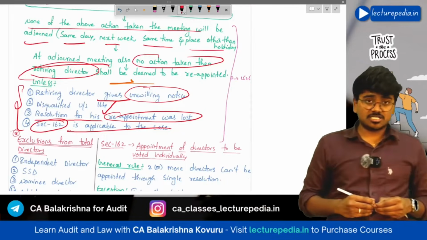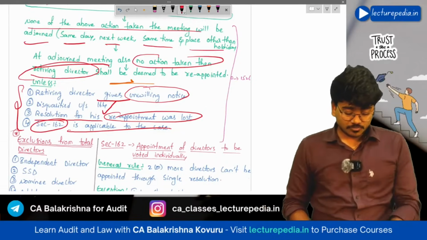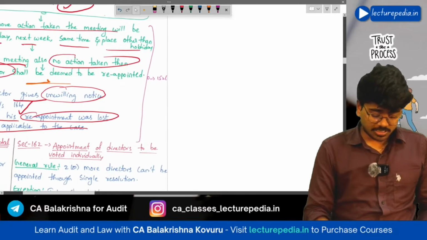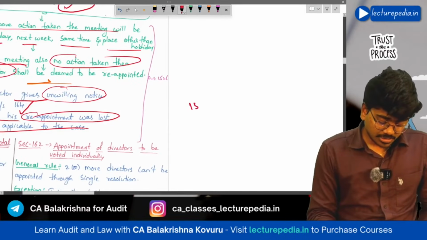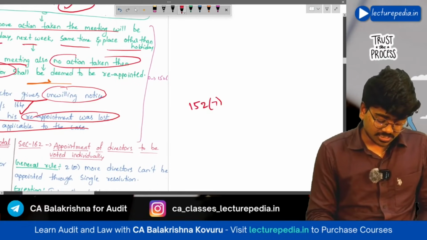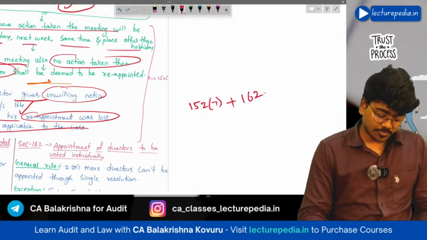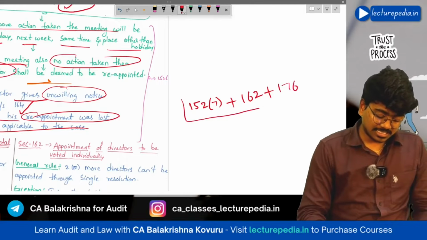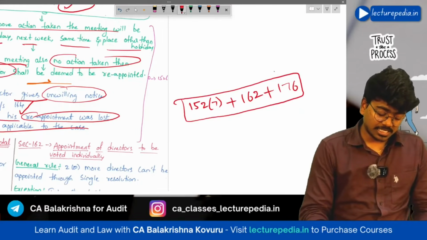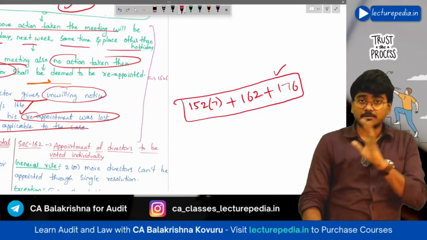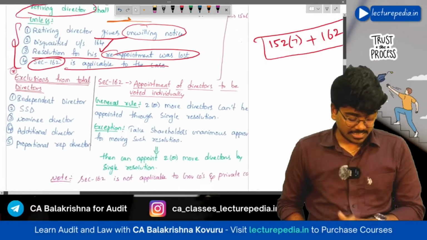Basically, to understand this point, we will be reading three sections together: section 152 subsection 7 plus section 162 plus section 176. These three sections are interlinked. Now I'll explain how these are interlinked.